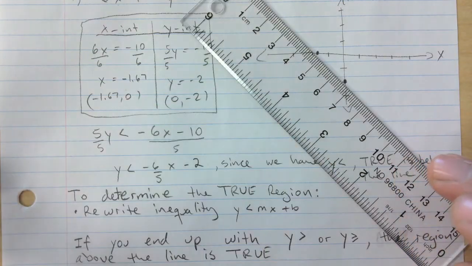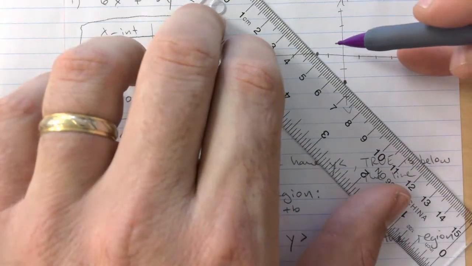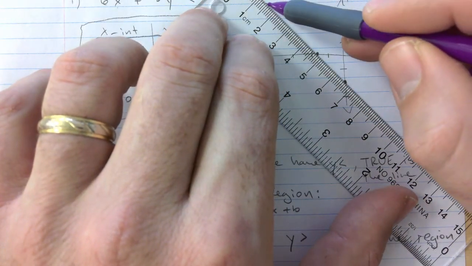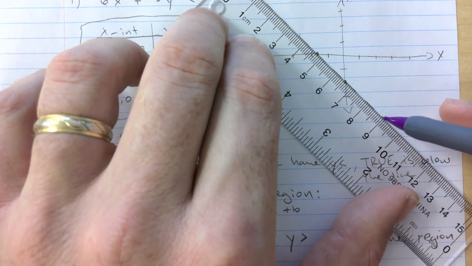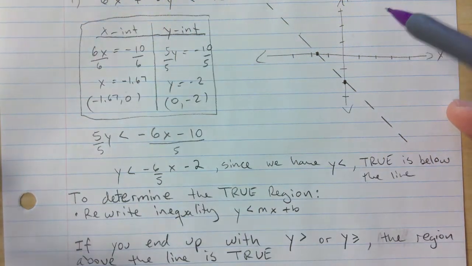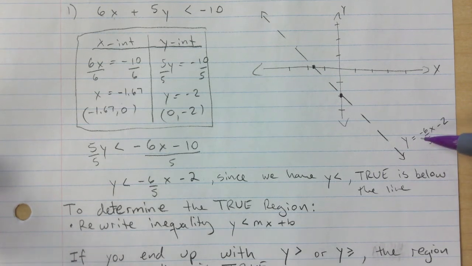And before you do anything, remember that it's dashed, right? Dashed line. You normally write down the equation with the equal sign by the line, okay? Sometimes I'll have the actual inequality, sometimes it's just the equal sign.